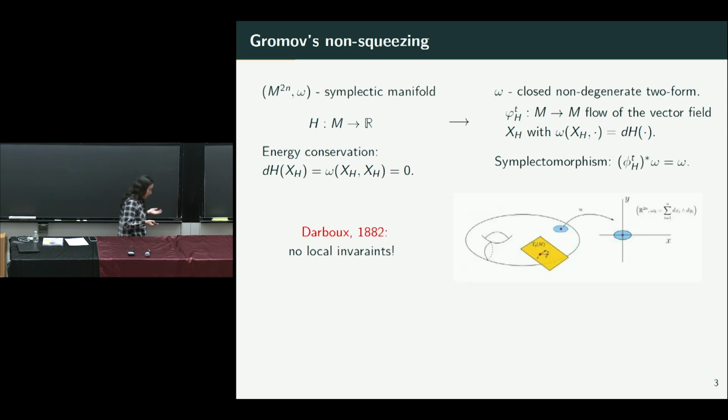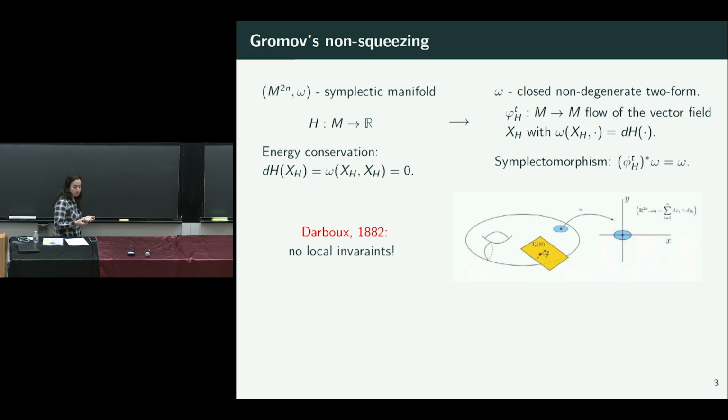A natural question one might ask is, how can one distinguish between two symplectic manifolds? We know that they must have the same volume, because any symplectomorphism is volume preserving. We know that they must have the same topology. But a classical fact is that there are no local invariants.